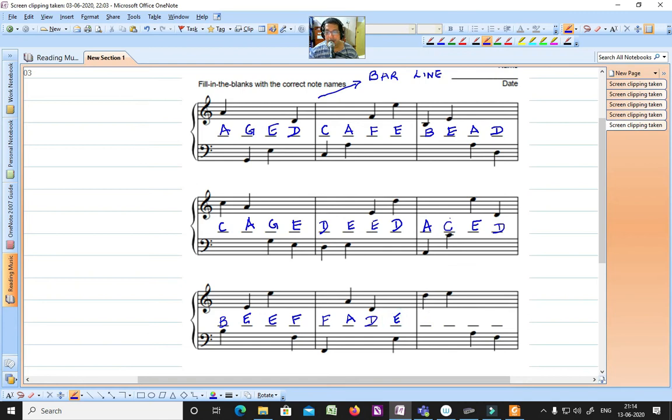I know what it is quickly. This is a D, E, A, and this is F: def. Just by looking at the note, I can identify the note. So our job is to practice and identify the notes quickly.